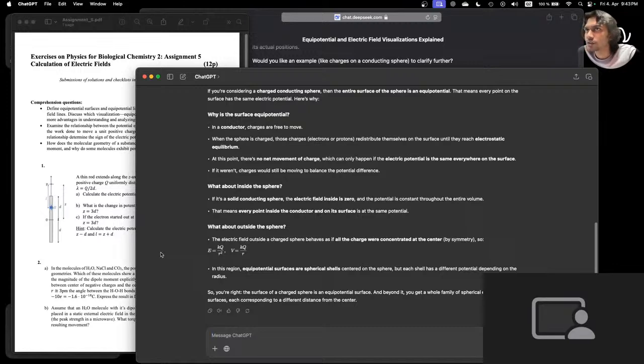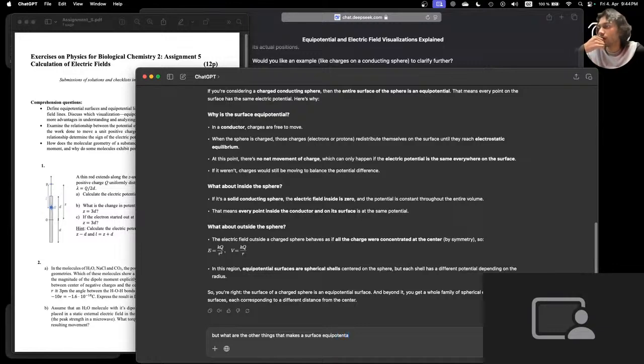Okay, I understood that the surface of a charged sphere is equipotential, or I understand that there's a term for the surface of a charged sphere, but what are the other things that make the surface equipotential?